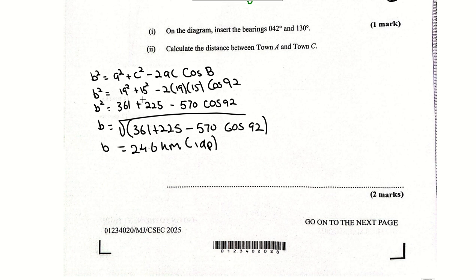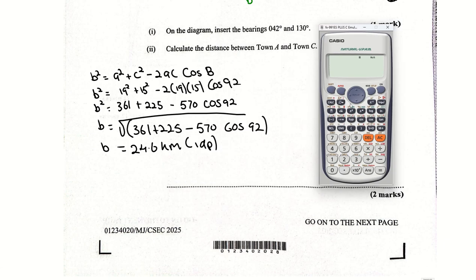Your Casio is not that much different. However, your Casio is programmed to find the square root of everything under the square root sign. So if I put square root here, I don't need to put open bracket.